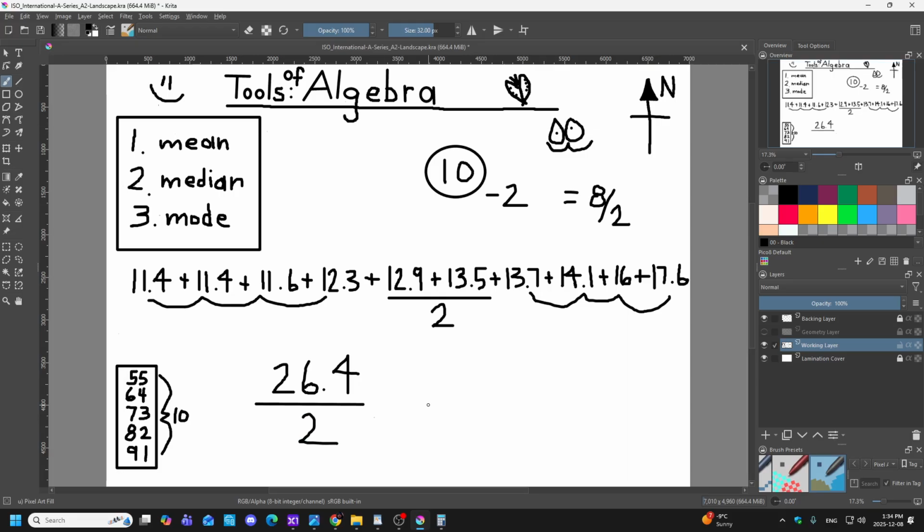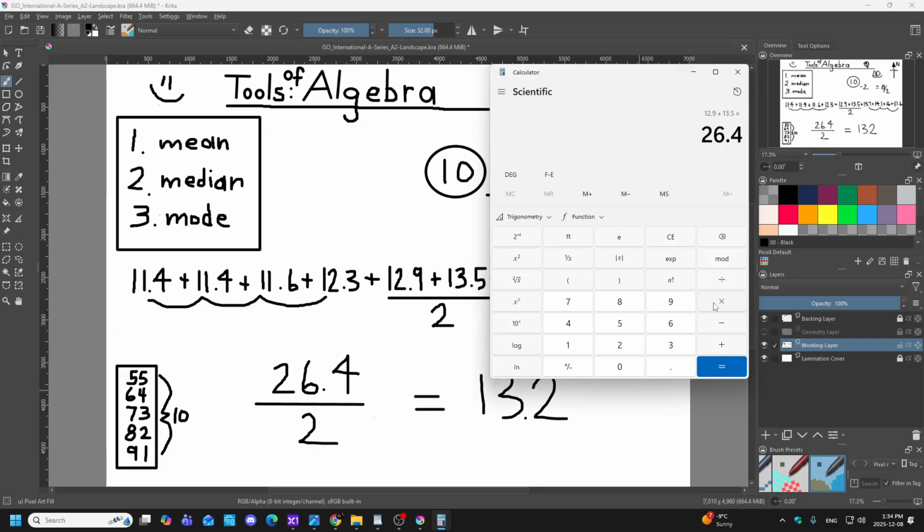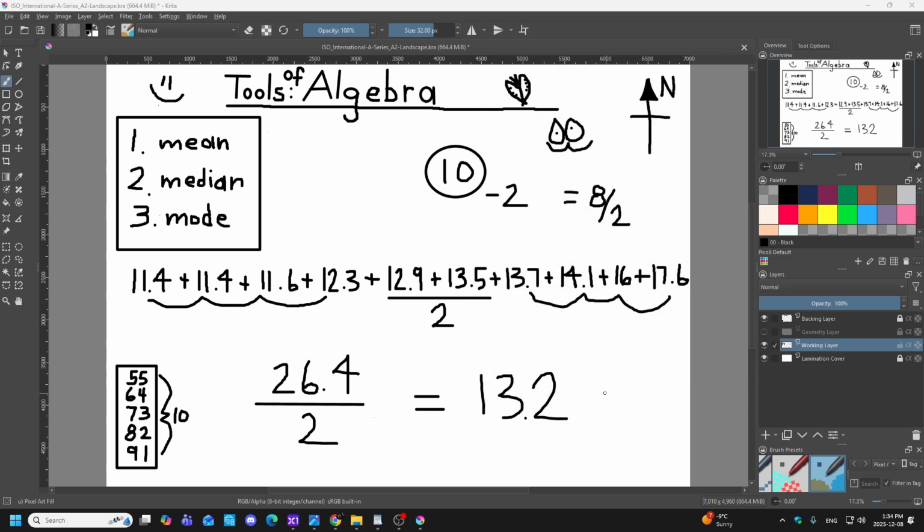Divided by 2, was that 13.2? Guessing? Let's find out. Let's go. All right, and that's our median.